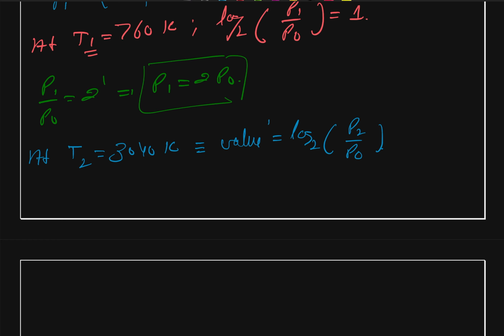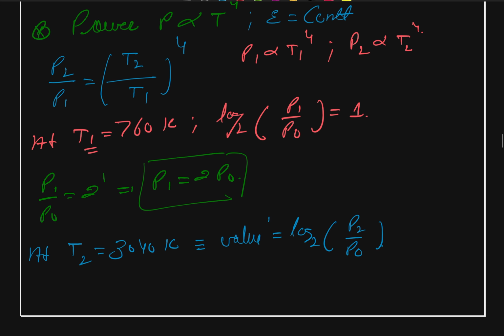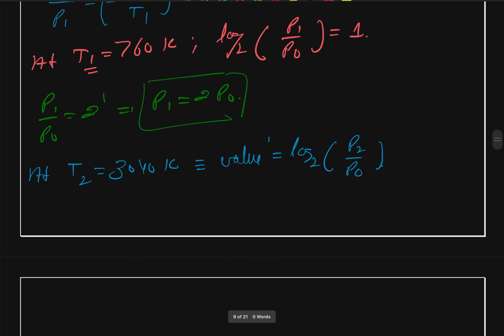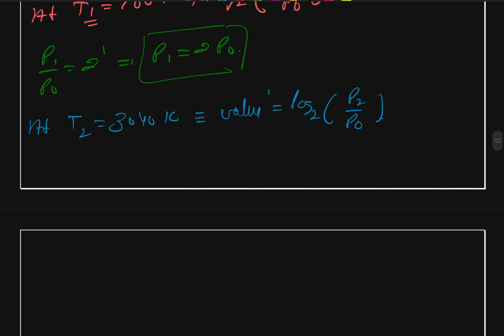Okay. And we can express P2 in terms of P1. Because we already know the relationship, we can say P2 is equal to P1 times T2 upon T1 whole raised to power 4.